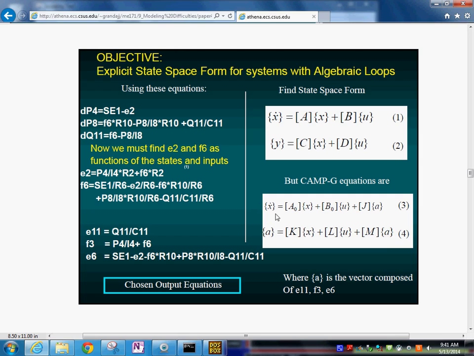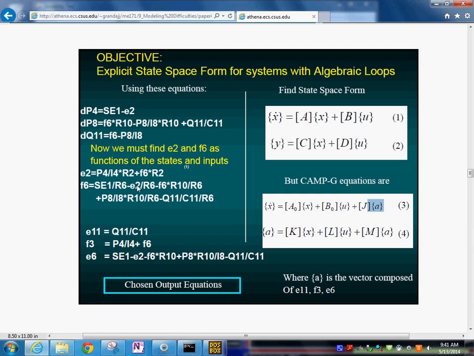So I have set up a way, basically you may say I translated these equations into the set of matrices. And you see this E2 right there, and this F6, that's what this a is.